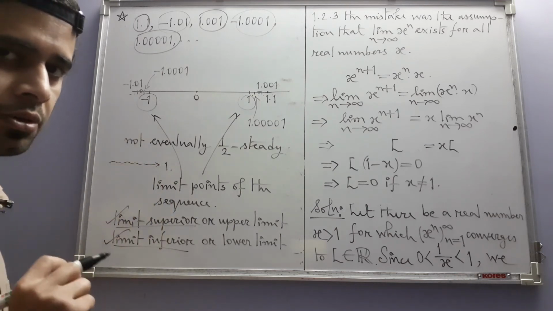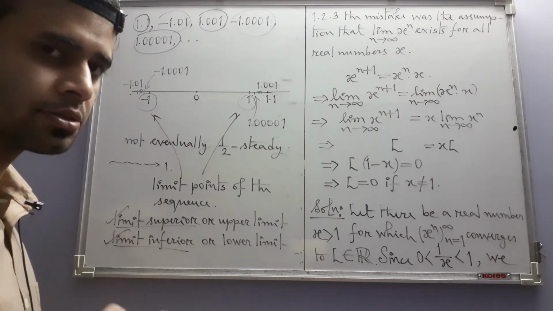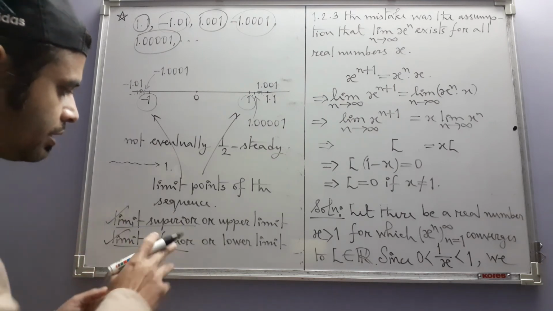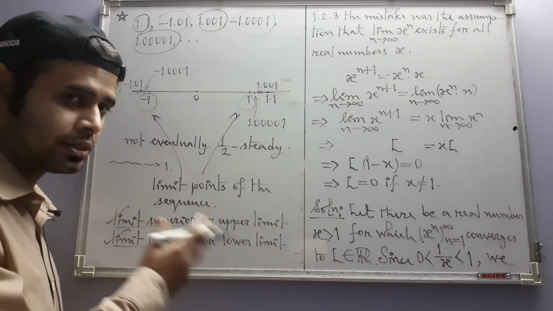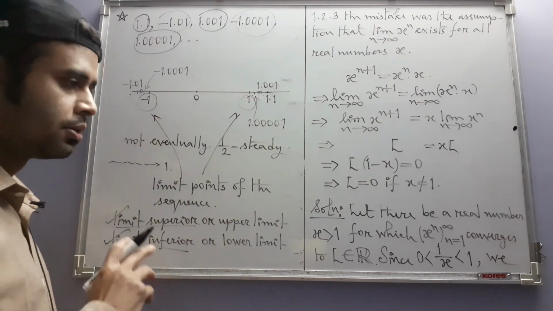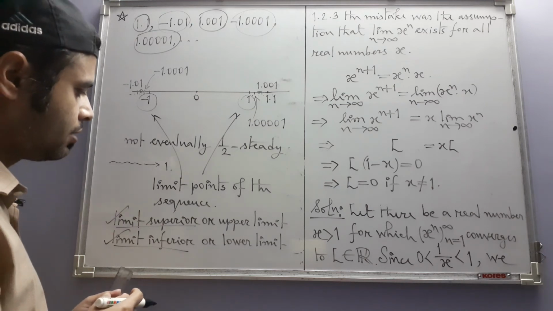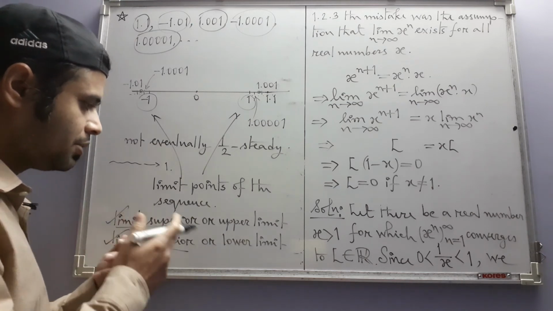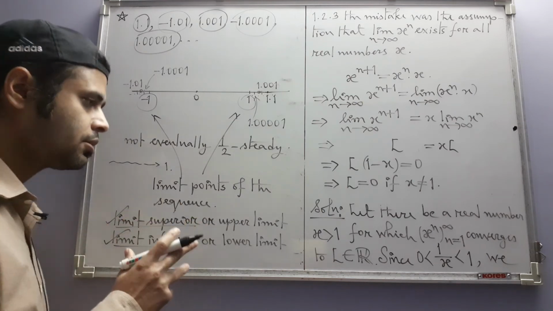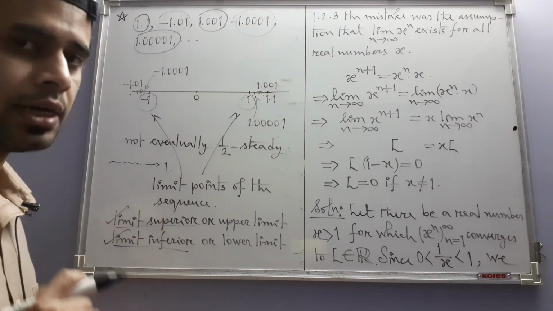So far we have only shown that every convergent sequence of real numbers is Cauchy, but using the tools and techniques of this section, the next section, we will be able to show that the converse is also true. Cauchy sequences of real numbers are also convergent, and after proving that, only the construction of real numbers from rational numbers will be fully justified.